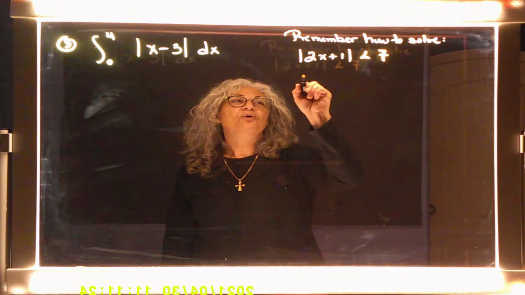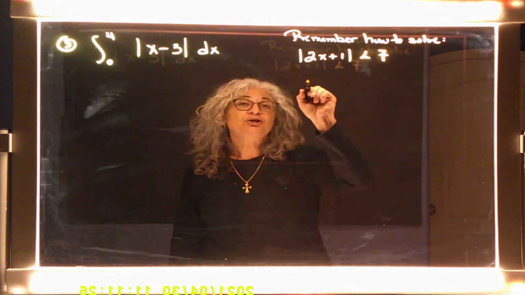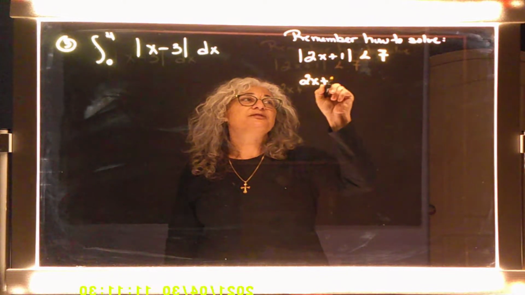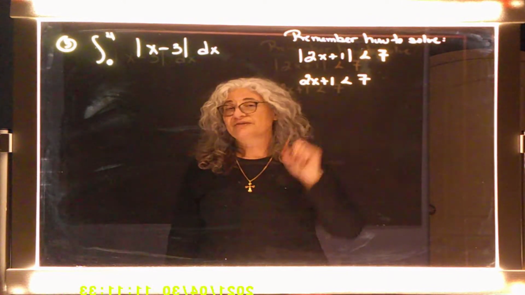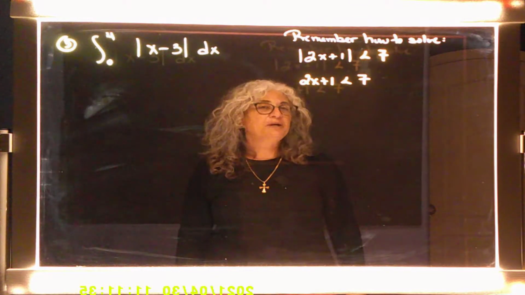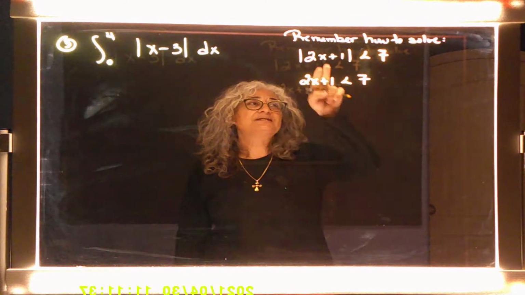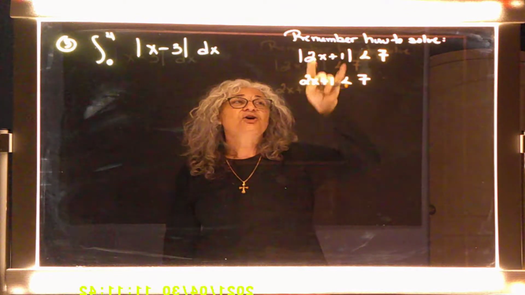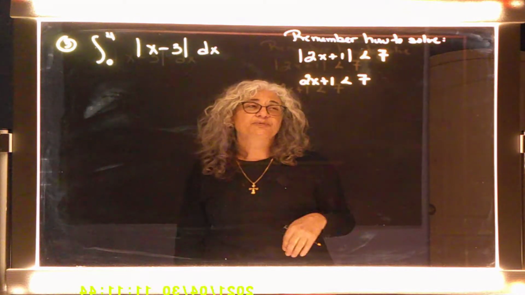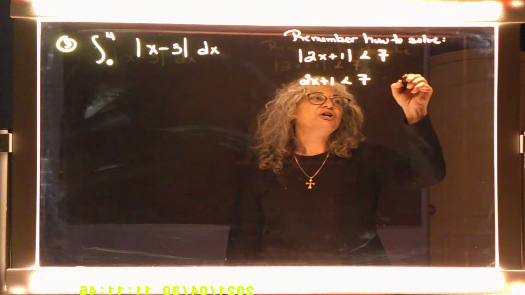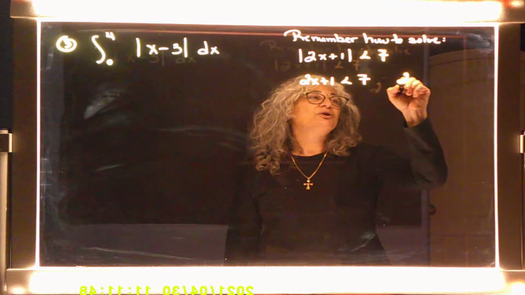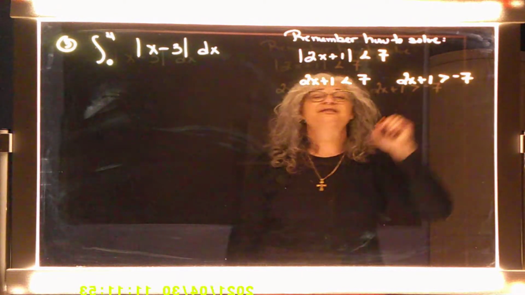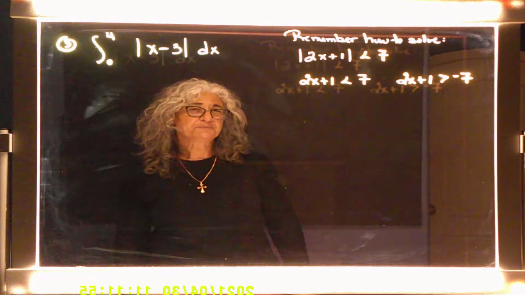So one of your inequalities will be 2x plus 1 less than 7. Remember, absolute value means it doesn't matter what you plug into the function inside. When you take the absolute value of it, it will always be positive. So the other inequality is 2x plus 1 is greater than negative 7. Remember?